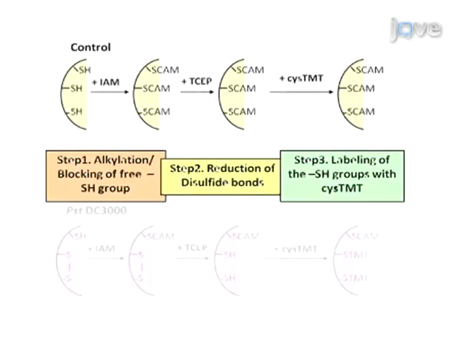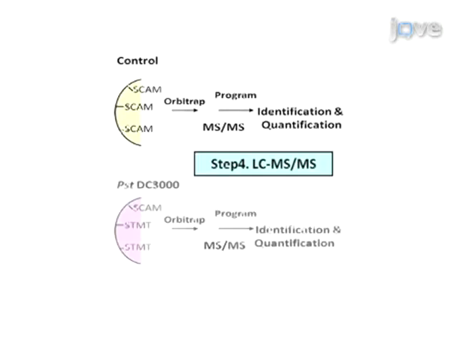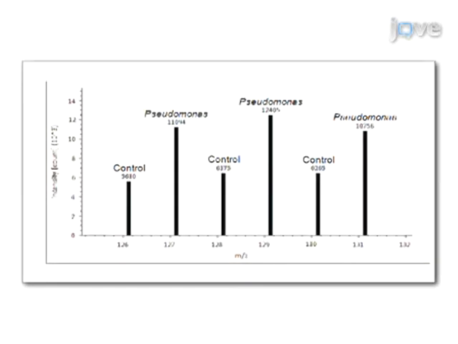Then, perform cis-TMT labelling in order to examine redox-regulated cysteines in proteins. Results obtained can measure changes between treated and control samples.